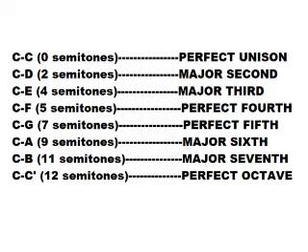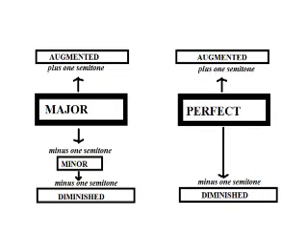In this lesson, I want to look critically at how we can derive other intervals. Other intervals, qualitatively speaking, are derived from major and from perfect. Major minus one semitone will give you minor. A minor minus one semitone will give you a diminished interval, which means major minus two will give you diminished.